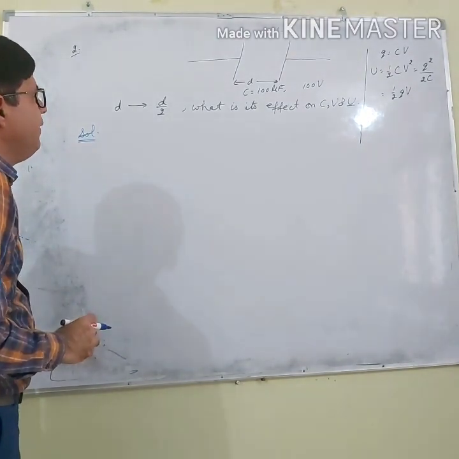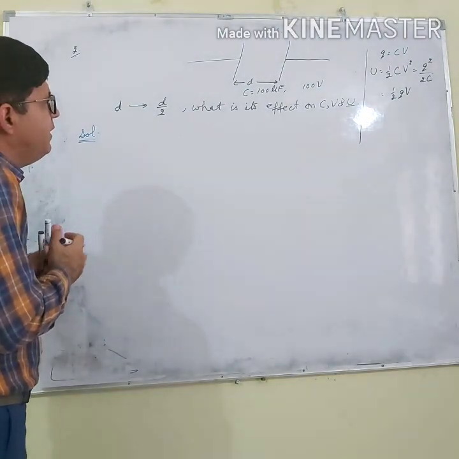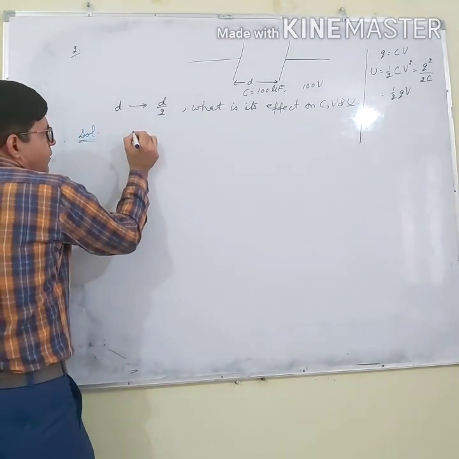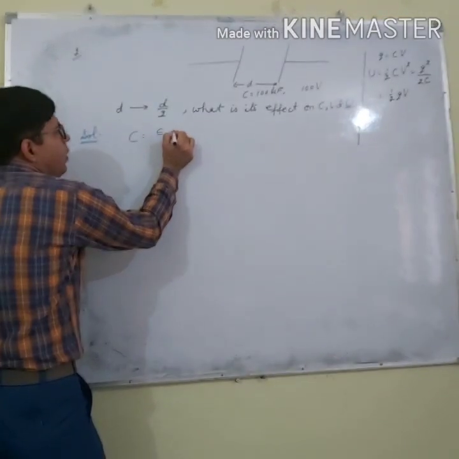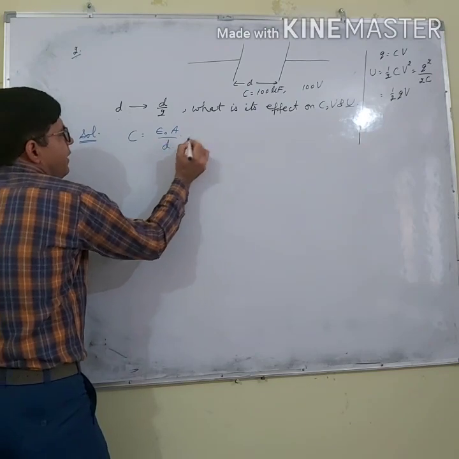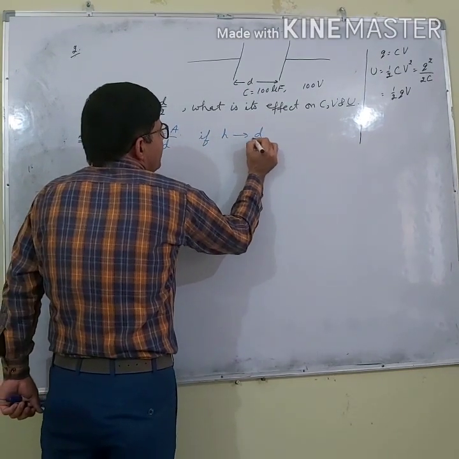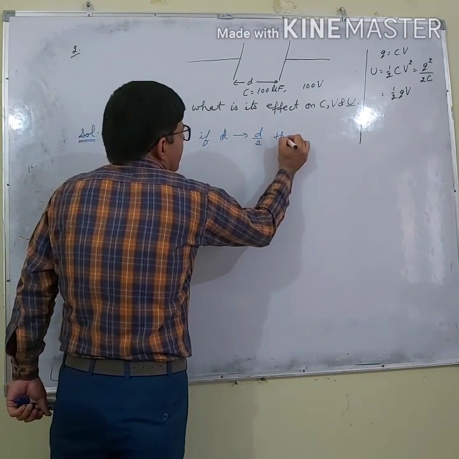Now listen everyone. The separation is half. So C equals epsilon naught A by D. If D becomes half, what happens?